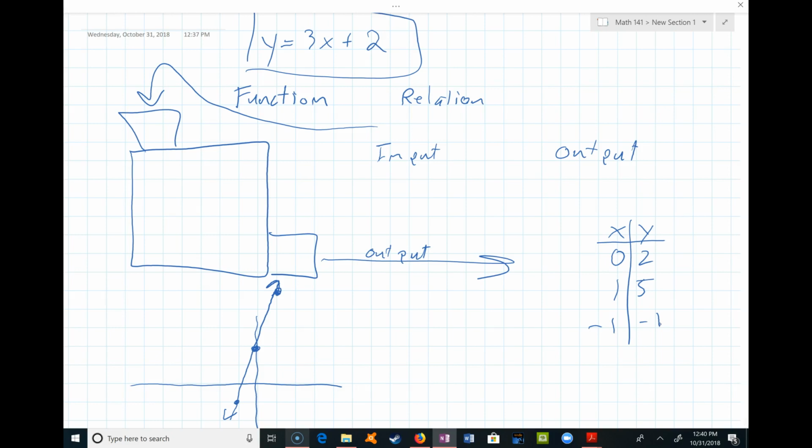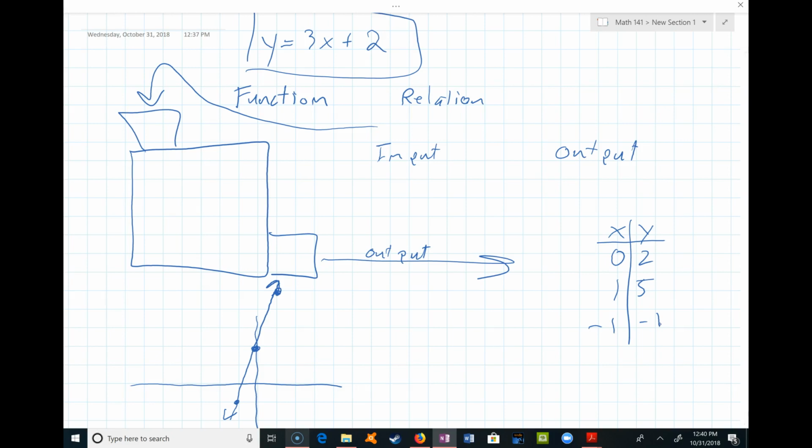So again, the idea of a function is that you are dropping numbers into it, or you're plugging numbers into it, or you're inserting a number and a new number is coming out. And so that means that those two numbers are connected or related to each other. So again, if you think about the machine, what does this machine do?